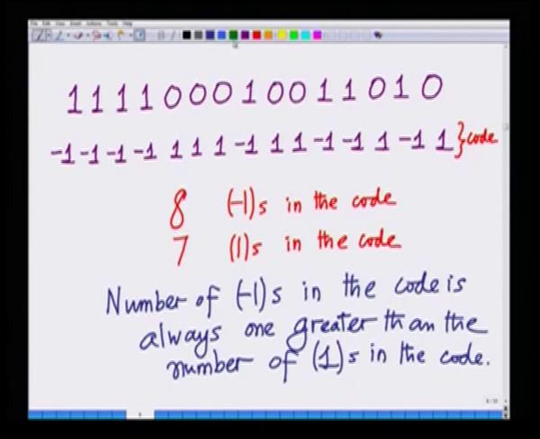So, this is the first property. So, let me label this. This is property 1.